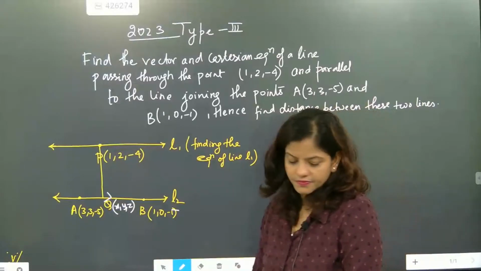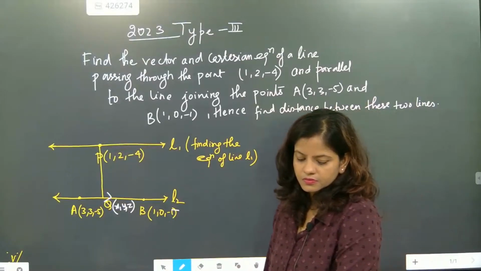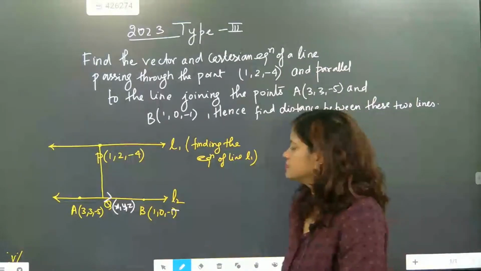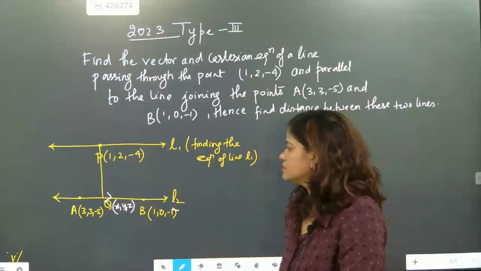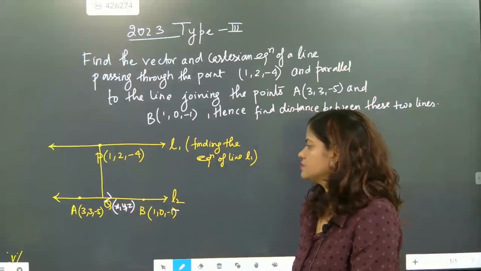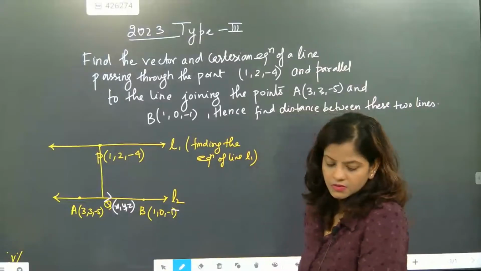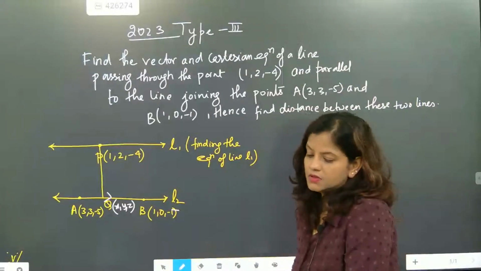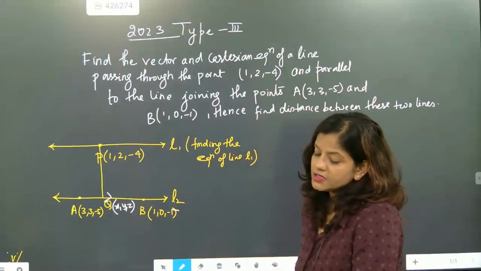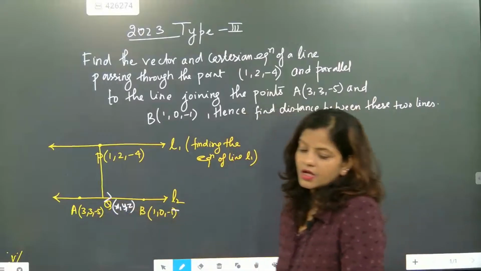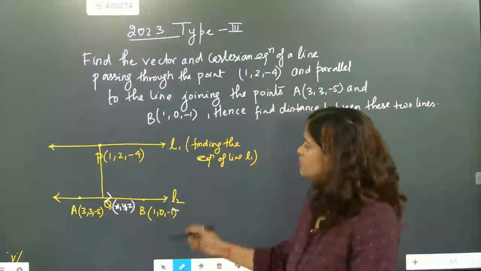Come on, solve it. Very simple concept: if I want to find the direction of it, first I need to write the AB vector.